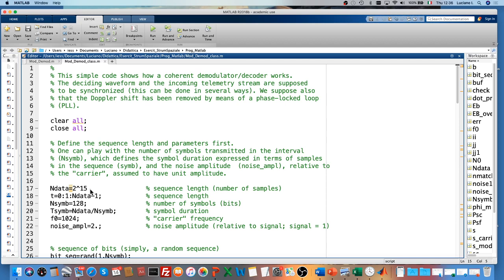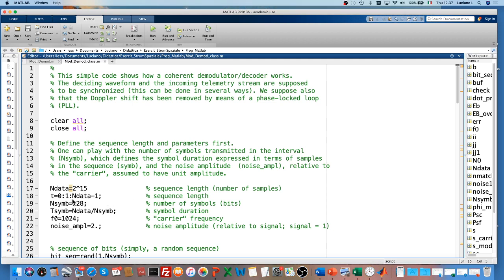I work with a power of 2 for the number of data, and each datum is a sample of the voltage of the carrier, the modulation and the noise. So I have 32,000, 2 to the 15 samples. One could increase it. It's not a problem. You can play with it. So this is the sequence length.